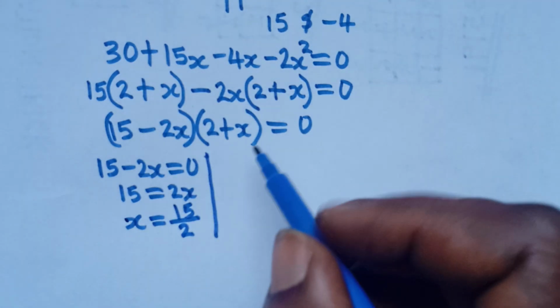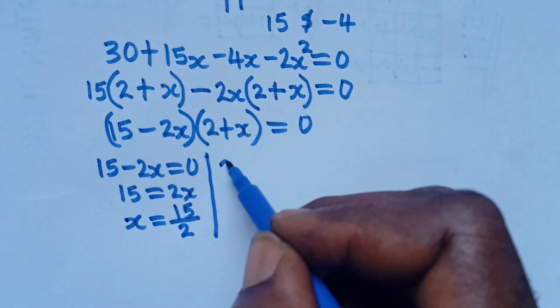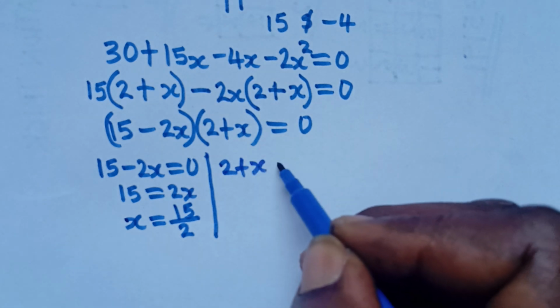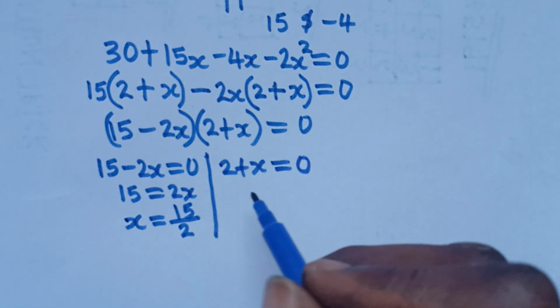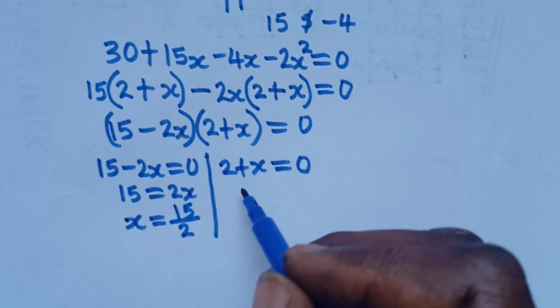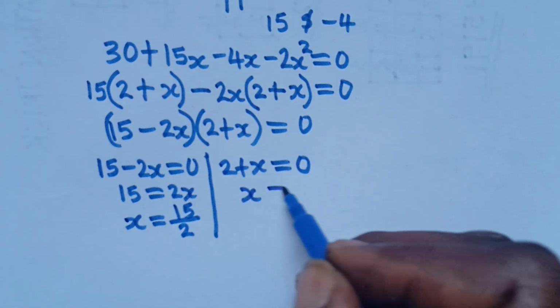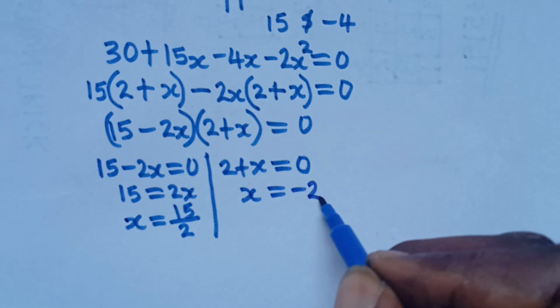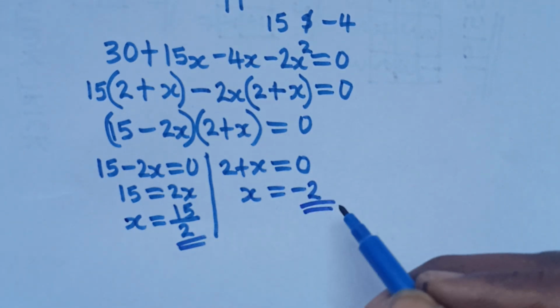Similarly, if I take the other bracket here, it's going to give me 2 plus x is equal to 0. Then I'm going to take x here and take this 2 to the other side, and that will give me negative 2. So these are the two solutions now.